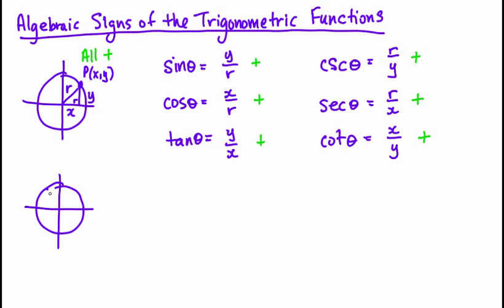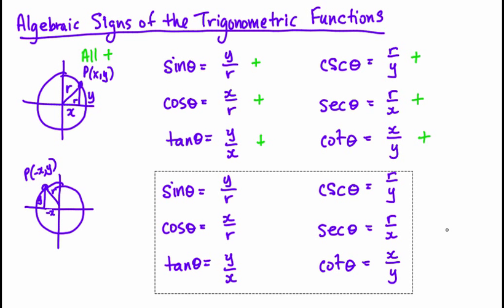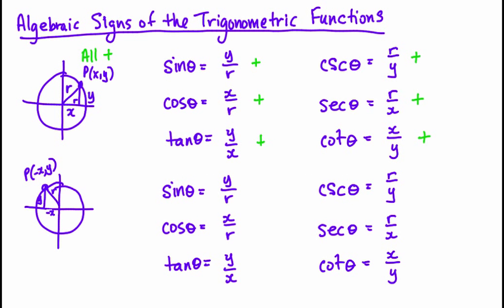Well, now my x values are going to be negative. So basically you have a negative x value, but your y and your r are both positive. So if you look at these 6 trig ratios again, we can now see that the trig ratios have different signs. So because the x values are negative, a negative divided by a positive, and a positive divided by a negative, and same here with a positive divided by a negative and a negative divided by a positive, those ones are negative, while sine, because it's a y and an r value, which are both positive, is positive.